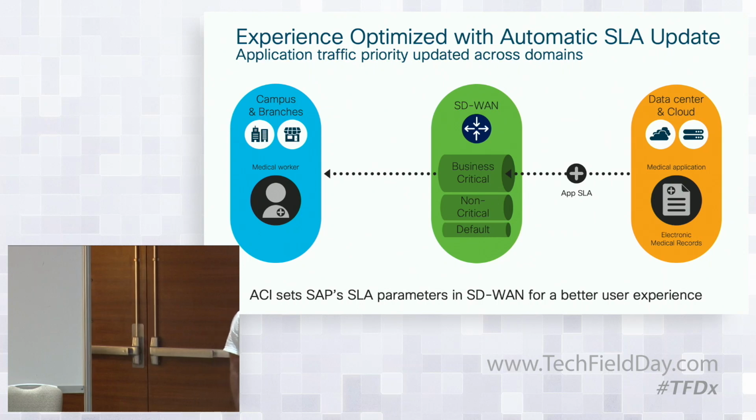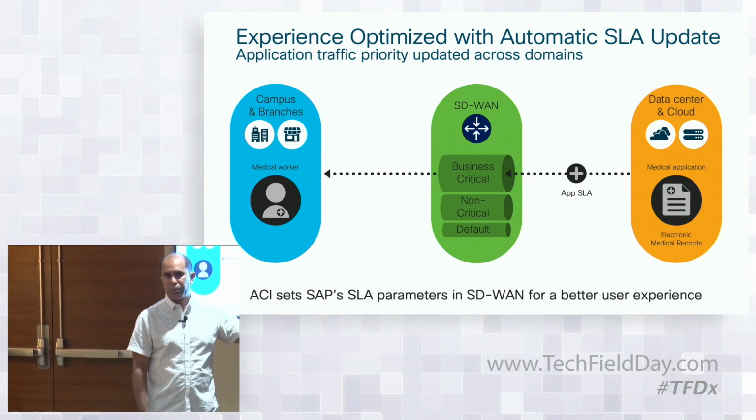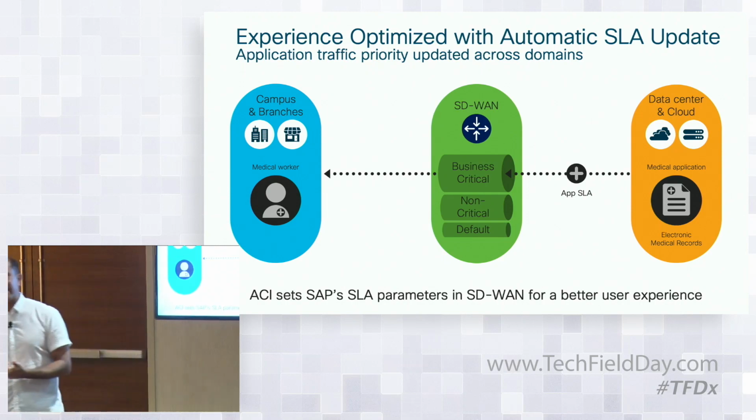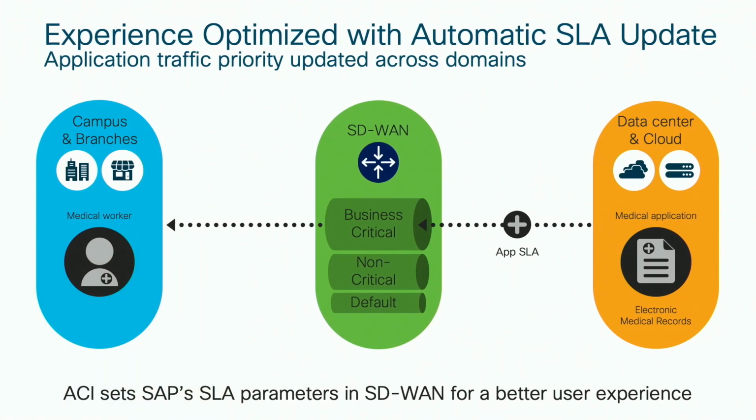It's also communicated to the WAN what kind of policy I want for it. Is it gold, silver, bronze? And that comes off a catalog that is actually communicated from the WAN to the data center. The WAN system is going to tell the ACI APIC in the data center, I can provide you with this profile, or this profile. Let's just say gold, silver, bronze.